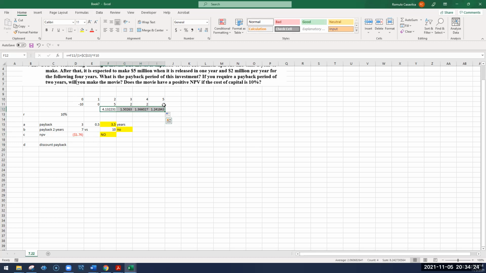You need another year to get a discount payback, and also it must be positive. So in this case, it doesn't apply. But you will apply it if NPV is positive. So you will do the same thing I did here, right? I add them together and then do this part to get the decimal. Same concept, but the NPV must be positive.